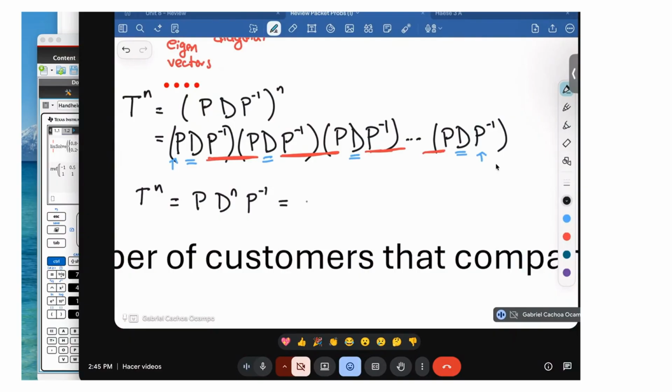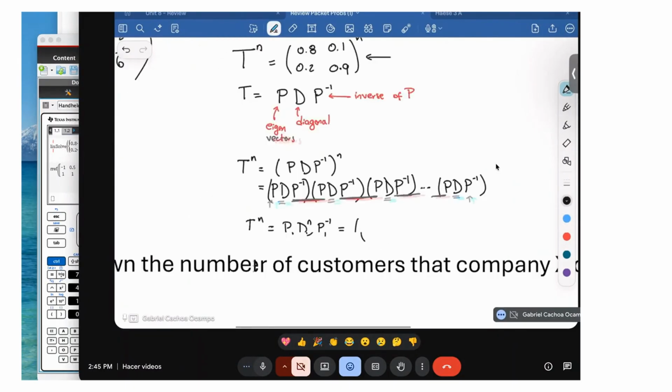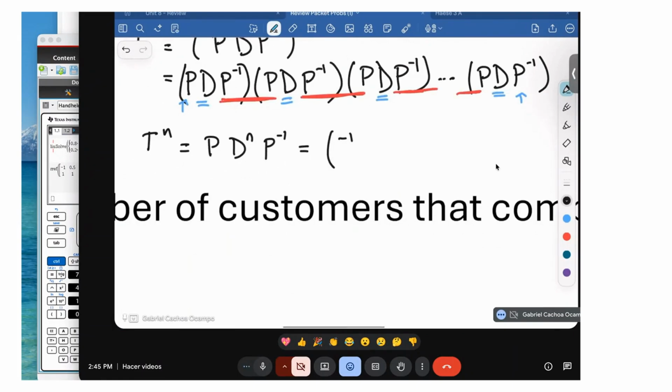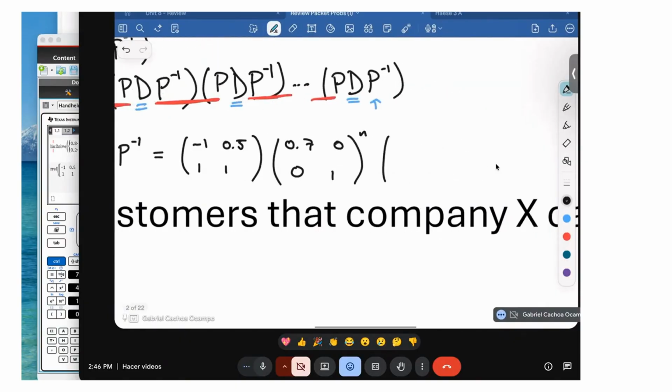So this is the same as the matrix of eigenvectors that we already have: negative 1, 1, 0.5, 1. The matrix of eigenvalues, which is 0.7 to the power of n.